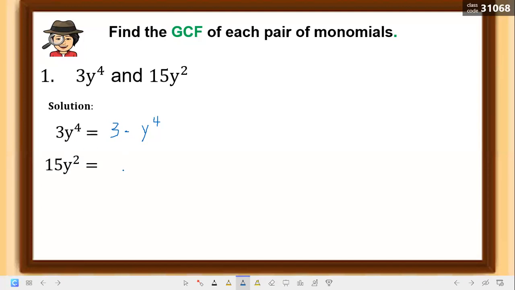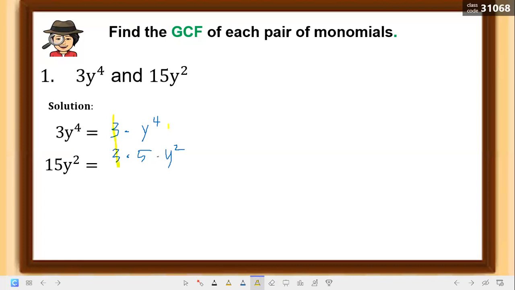What about the 15y squared? What are the factors? 3 times 5 times y squared. Okay, very good. So you have to write 3 times 5 times y squared. Therefore, can you identify now the common or the GCF? 3y squared po. Okay, very good.